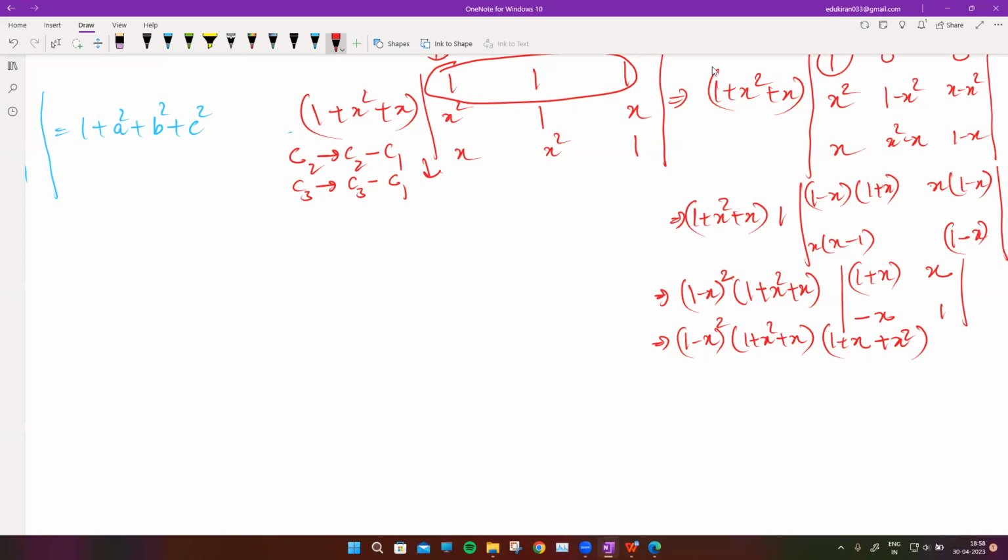I mean, after that, we don't have any other method to solve this. We know how to solve this. Make 2 zeros, reduce the matrix, reduce the determinant, and try to take common. If you can't take anything common, then solve the 2 cross 2 determinant directly.